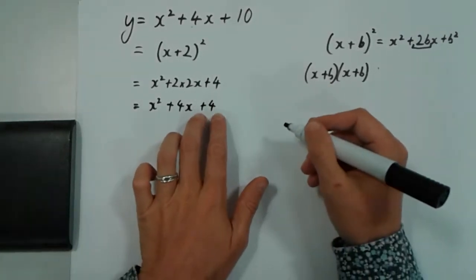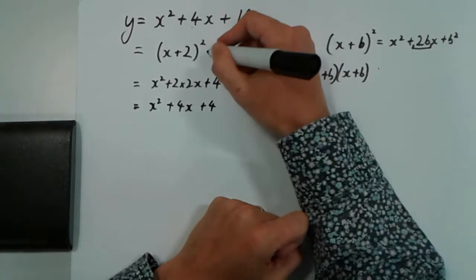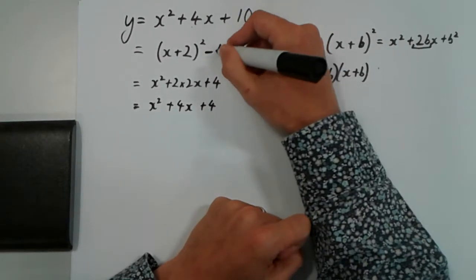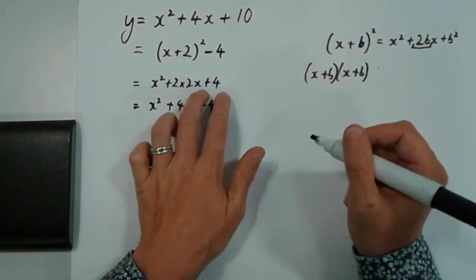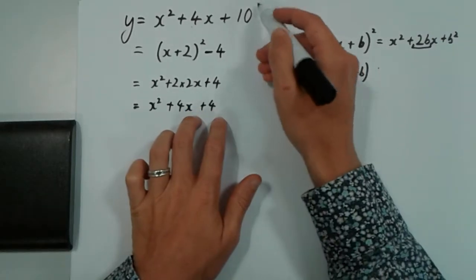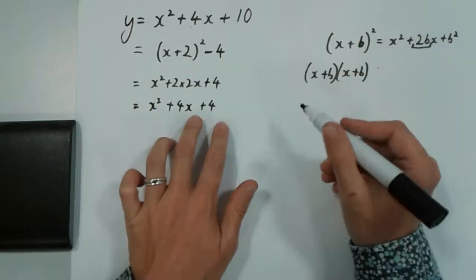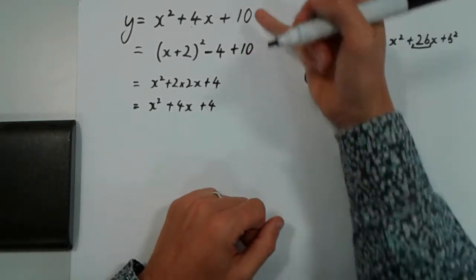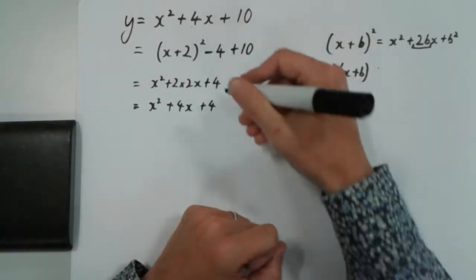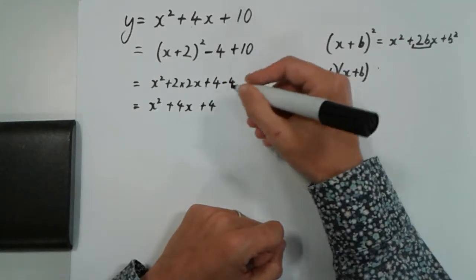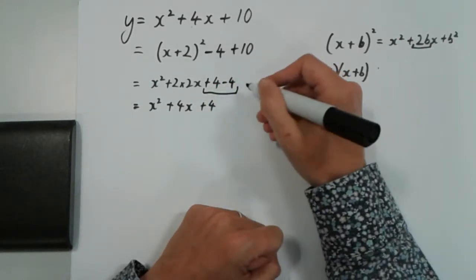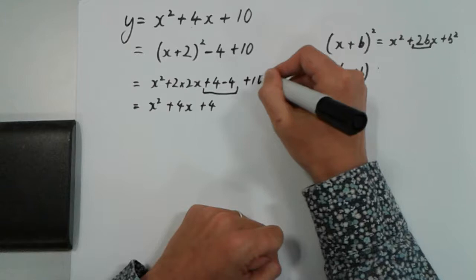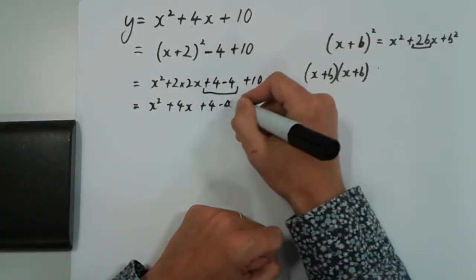But then I've got this plus 4 that I just don't want. So what I'm going to do is subtract that extra 4 term. There was no plus 4 originally, so I'm going to subtract that, and then add the original plus 10 that I wanted. So again, I minus that 4, so that these completely cancel out, and then add on the 10 that I wanted.